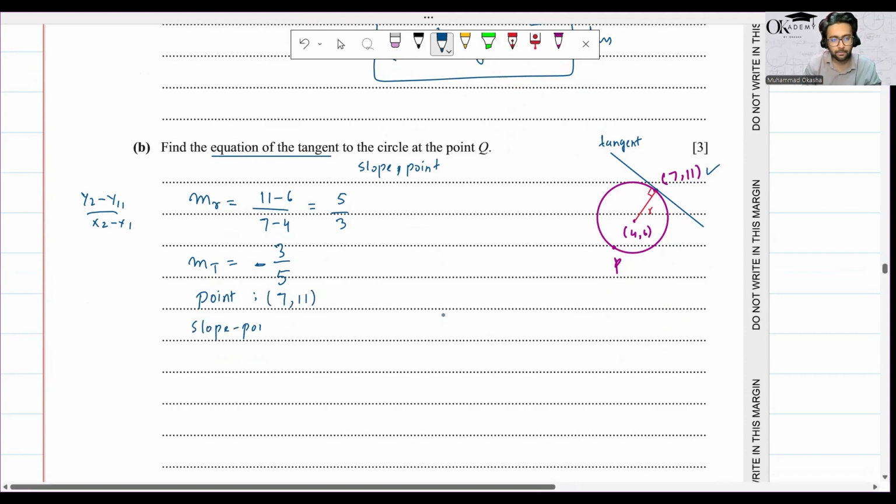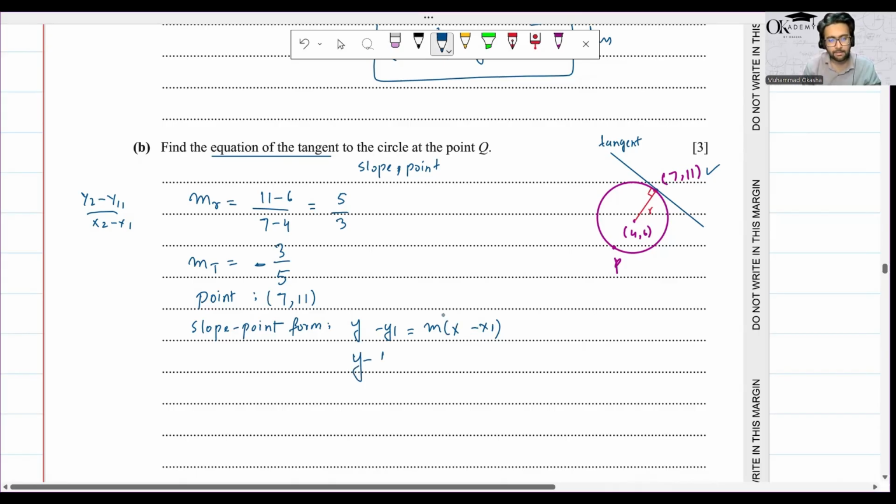I'm sure you're familiar with this. Slope point form, which is y minus y1 equals m times x minus x1. Let's put in the numbers. So y minus y1, I'm so sorry. y minus y1 equals m(x minus x1).